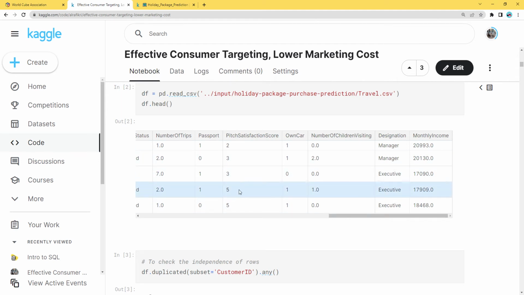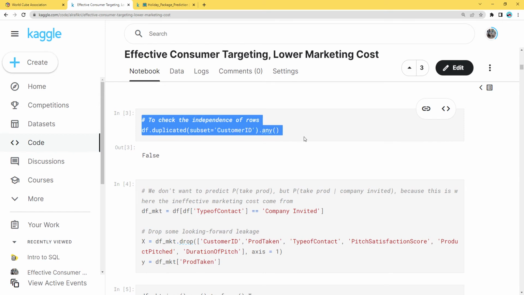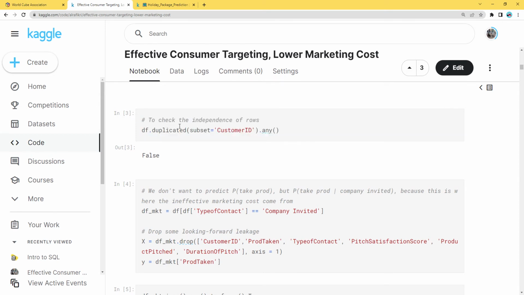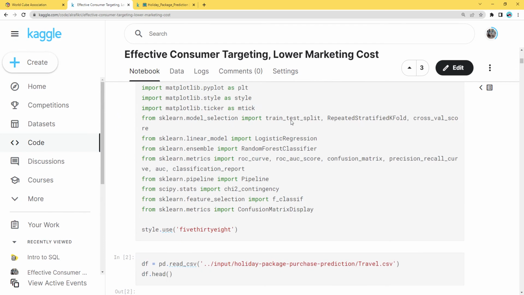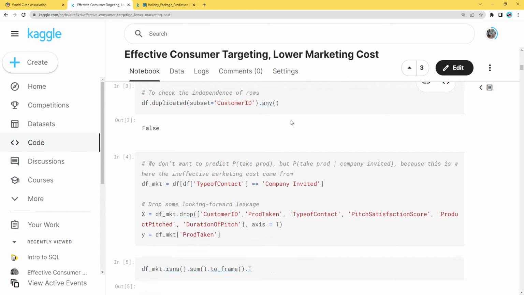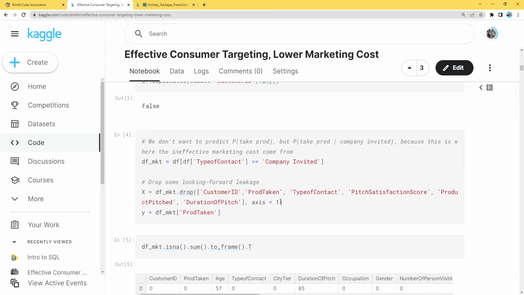These are other customer characteristics, and first I checked if the customer ID has any duplicates, because we have a very small dataset, only about 4,000 rows. If there were duplicate rows, it would be very frustrating.